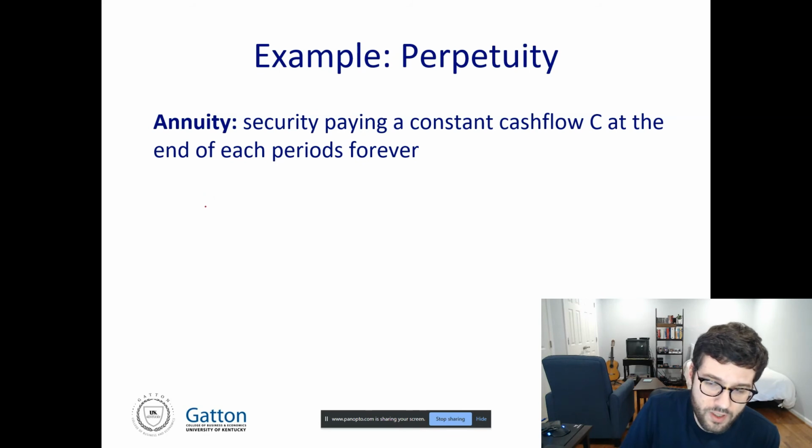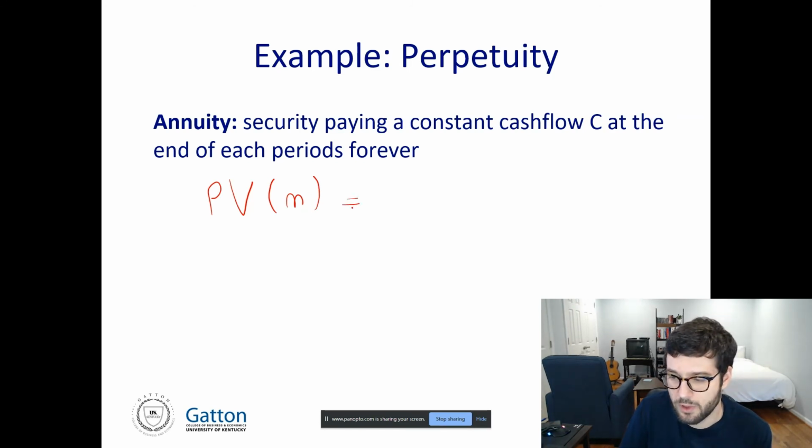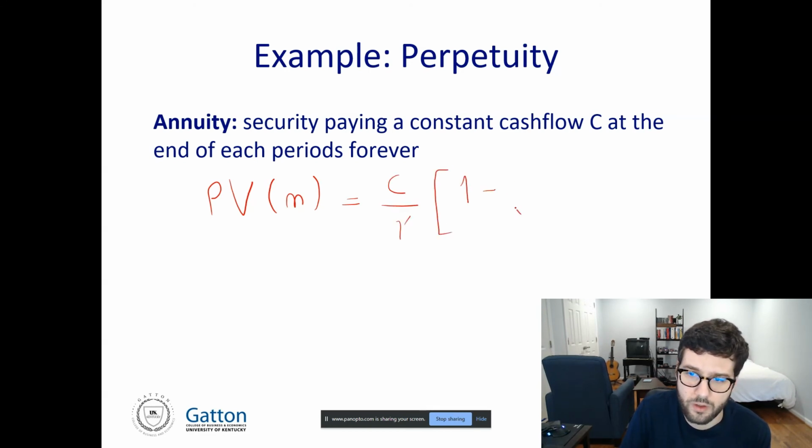So, first, let's just write down the formula of the annuity. So, an annuity as a function of n, where n is the number of periods, is going to be C over r multiplied by 1 minus 1 over 1 plus r to the power n.